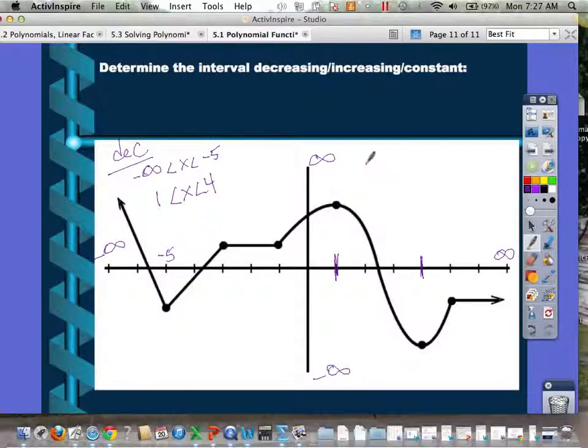And then increasing would be, it's going up from here to here, so that's at negative 5 to negative 3. And it's also going up from negative 1 to 1, from here to here. And it's going up from 4 to 5.